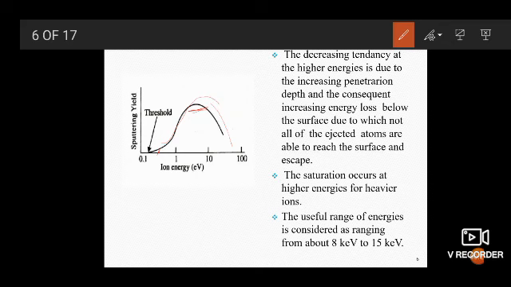Above the threshold, the yield increases with the incident ion energy and reaches a saturation value, and then falls off at higher energies beyond 30 keV or so.